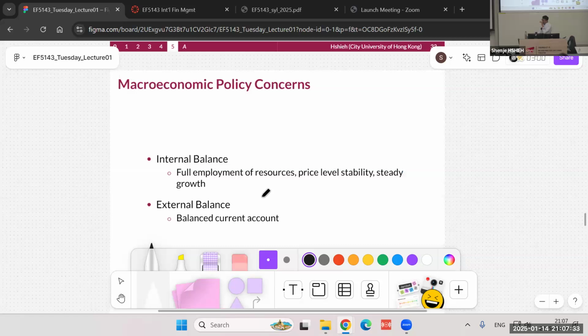I begin my discussion with why there are so many regime changes. The reason is that there are often conflicts between two objectives. One is called the internal balance, where you have to worry about the economic well-being of your domestic country, and the other is the external balance, meaning that you choose to have an optimal current account level.